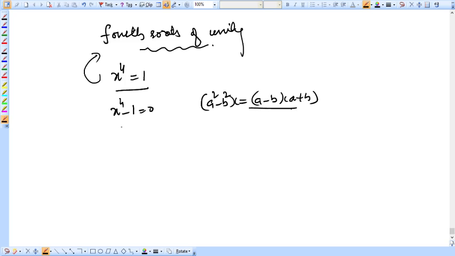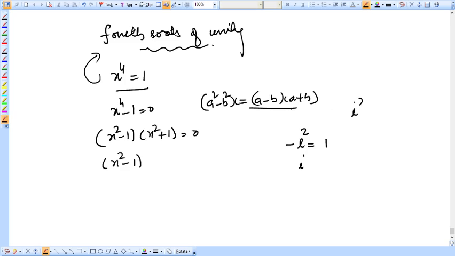So using this formula we get (x^2 - 1)(x^2 + 1) = 0. Since we know i^2 = -1, we can write -i^2 = 1.